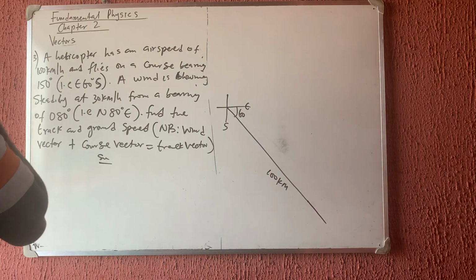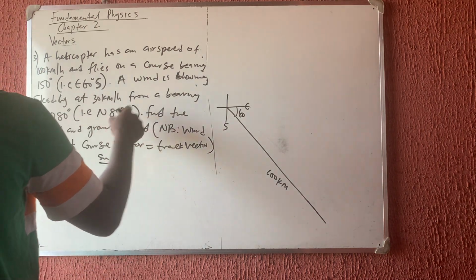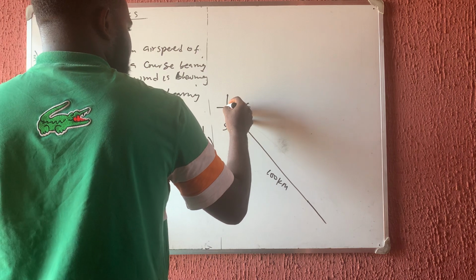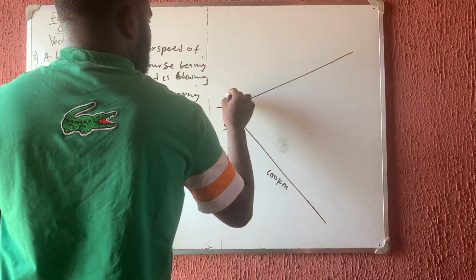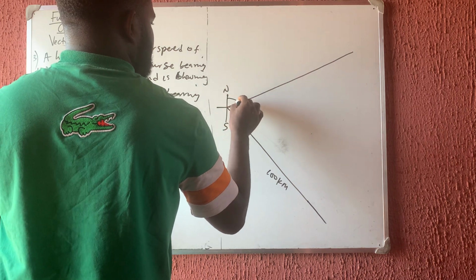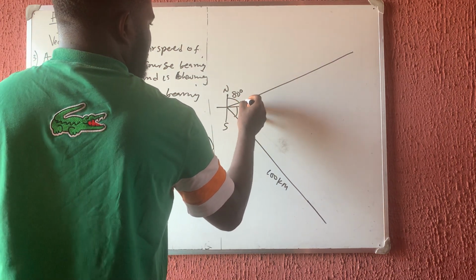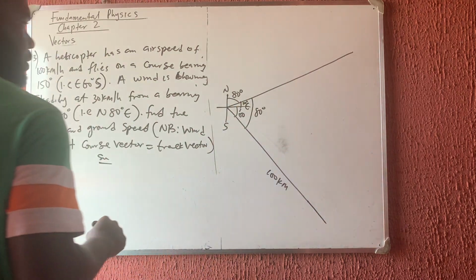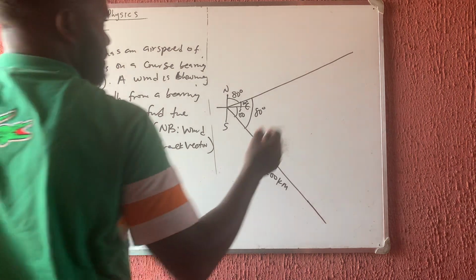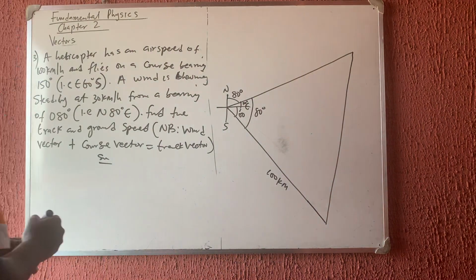The next one they told us is north 80 degree east. This is north and east. From here to here is that 80 degrees, so this small place here will now be 20 degrees. Now they can meet, you can now join them.